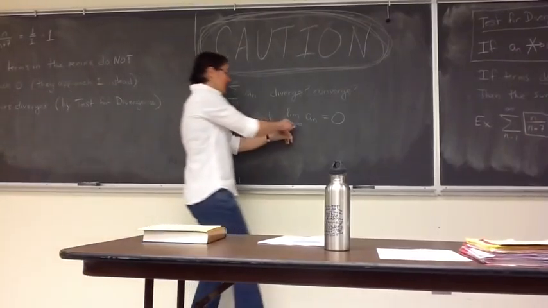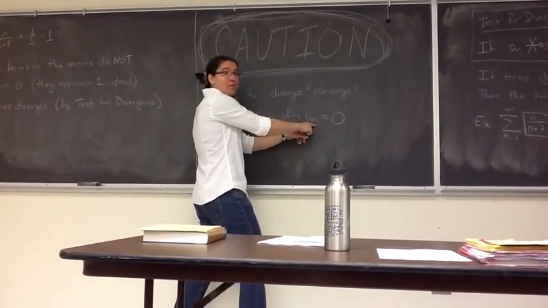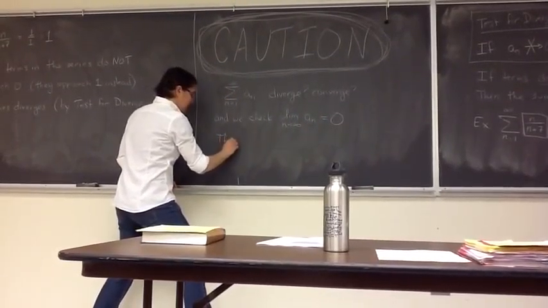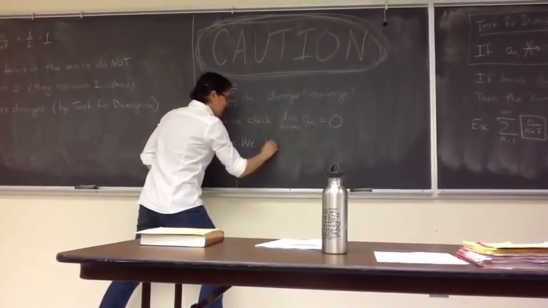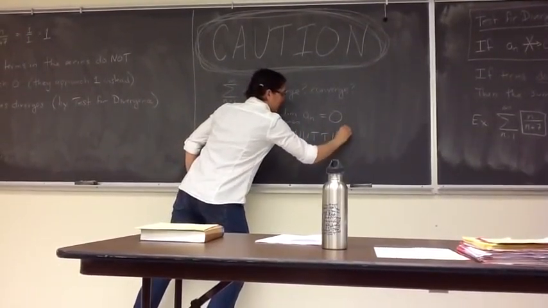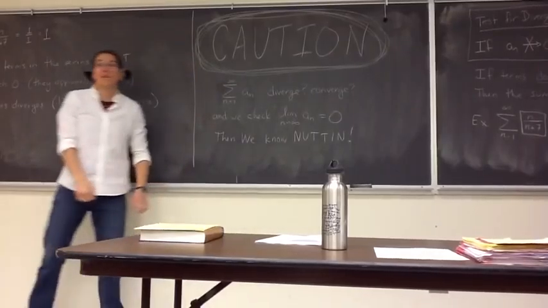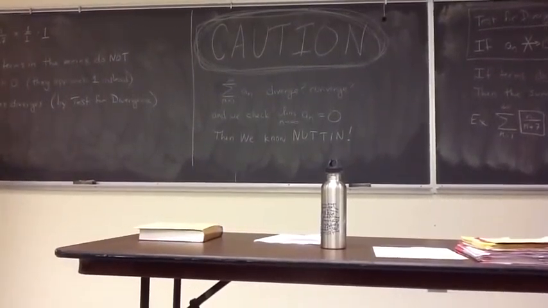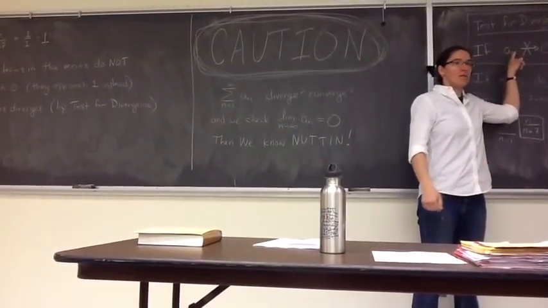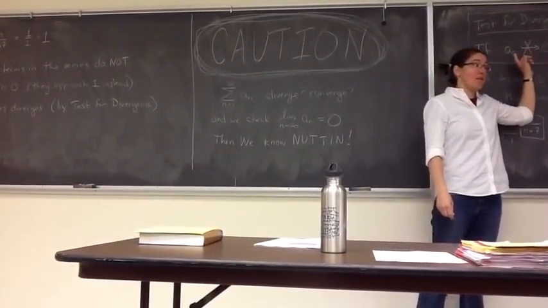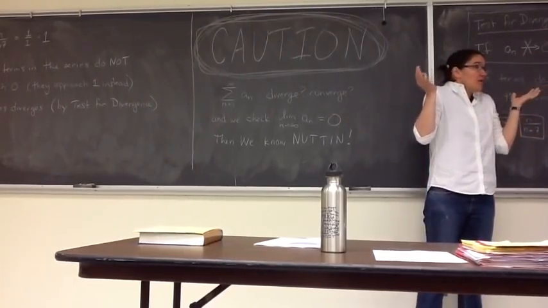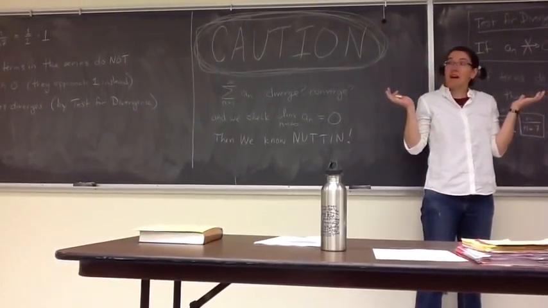If we check that our terms do in fact go to 0, then we know nothing. Okay. So this test for divergence is only fruitful if, when we look at the terms, they do not go to 0. If in fact the terms do go to 0, maybe our series converges, maybe our series diverges.